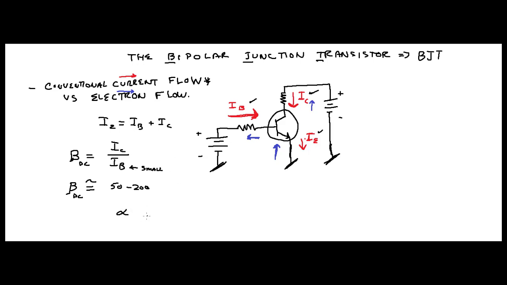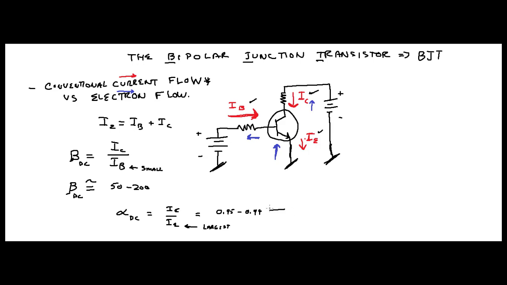Alpha DC is going to be equal to IC over IE. Your collector current over your emitter current. Remember, your emitter current is the largest. And this is close. Remember, if you subtract the base current from your emitter current, you get your collector current. So this is going to equal 0.95 to 0.99.